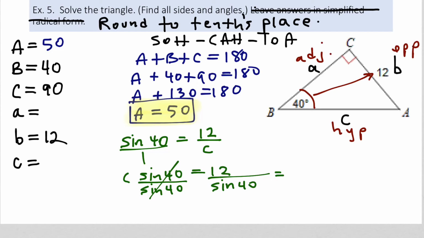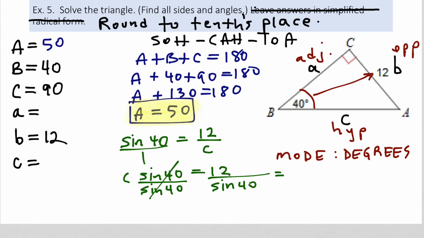Here's where we need to go into the calculator. Since we're working in degrees, you're going to make sure your calculator is set to mode degrees. You can either use a regular handheld calculator or any of the calculators you can find on the internet that have sine, cosine, tangent on them.